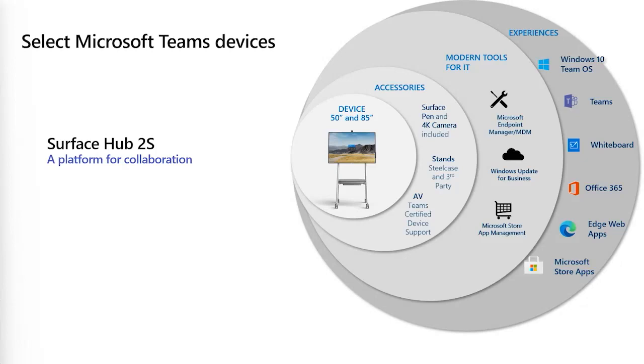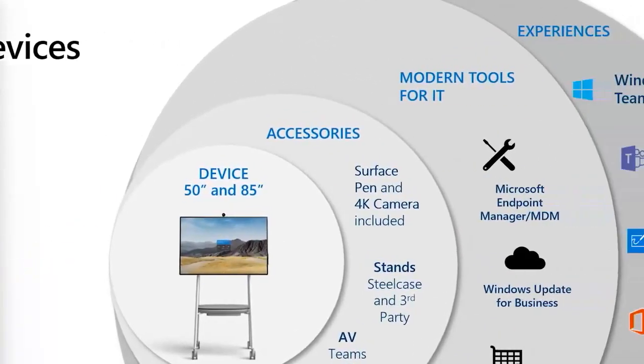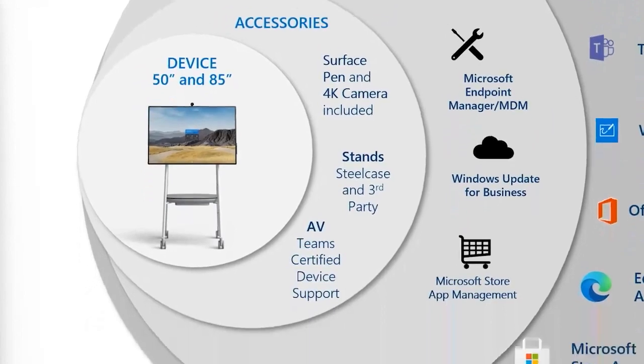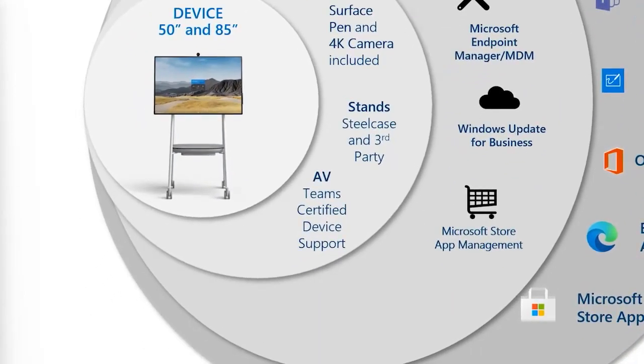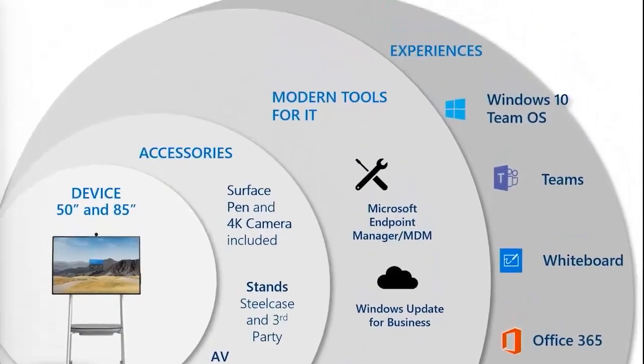In addition to what we've already talked about, there are tools we can use to manage Surface Hub. You may be using Microsoft Endpoint Manager or a mobile device management solution like Intune. We could use Windows Update for Business and also put apps on Surface Hub using Microsoft Store App Management.